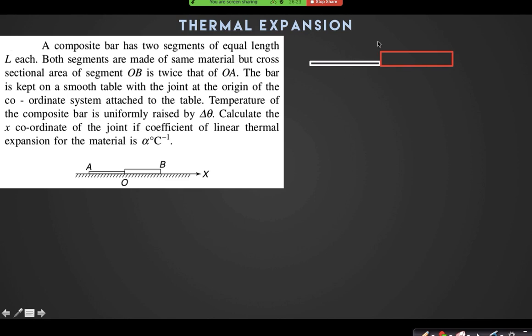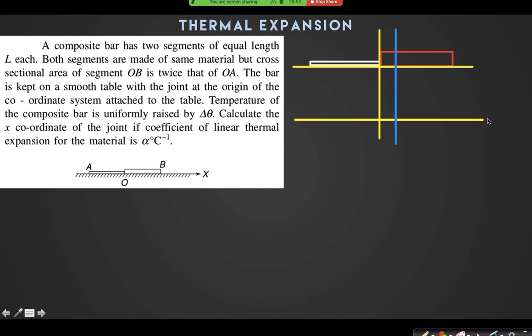One mass is m, another mass is 2m. So this is the junction at y equal to 0 and x equal to 0, right? Take the same reference line. Let us assume that the new junction has been shifted by distance x.